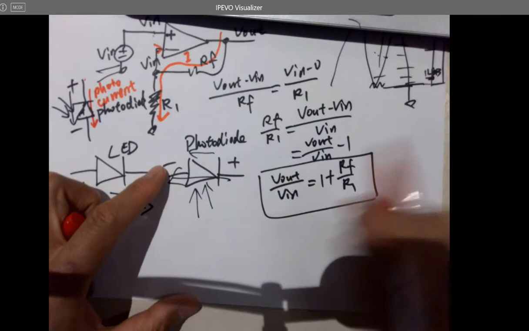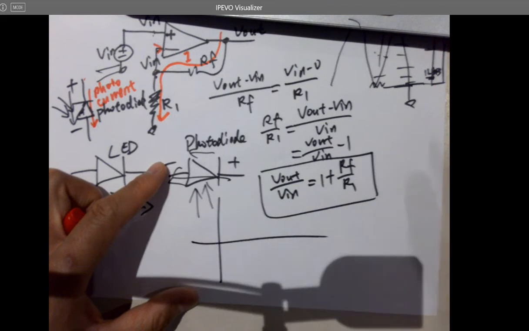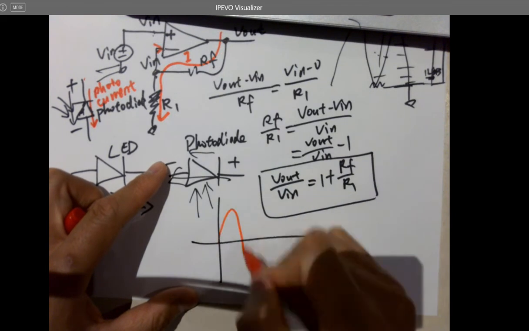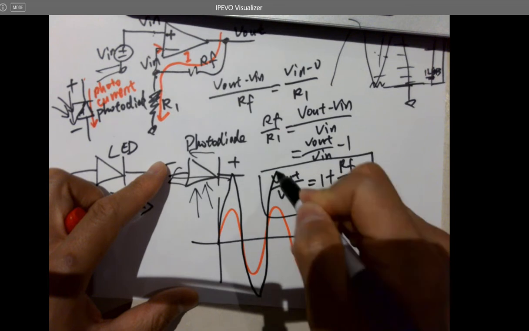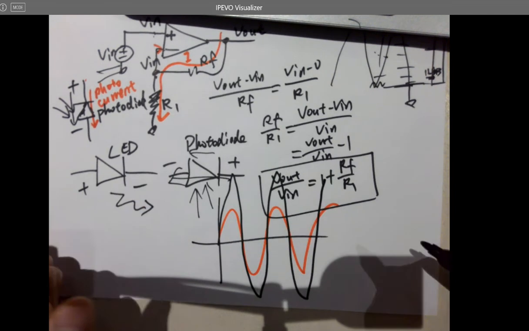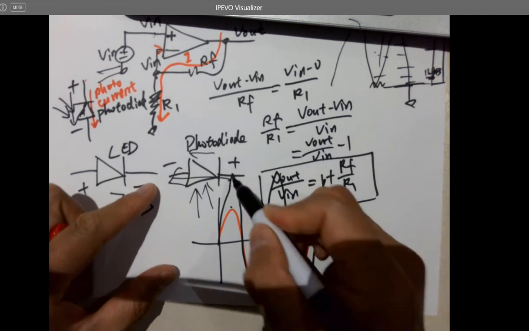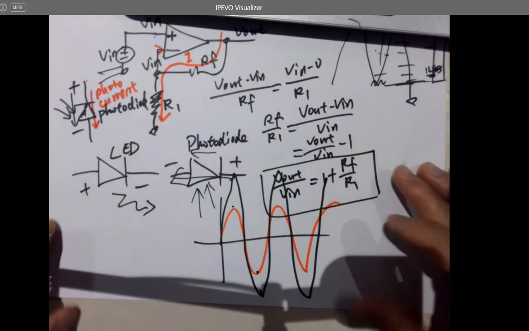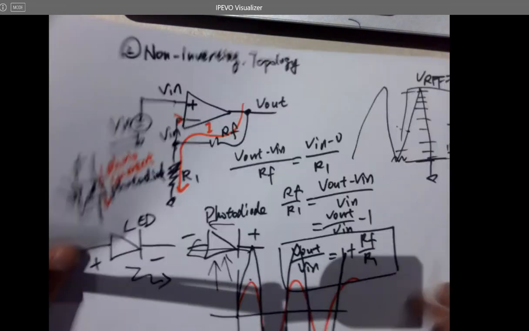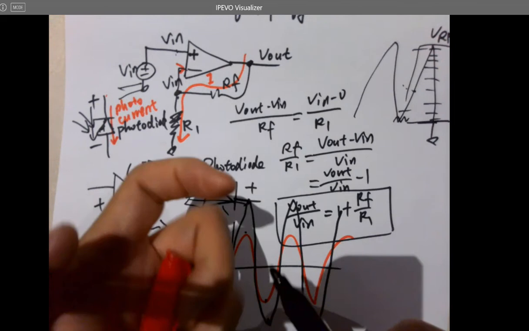If the input and output are right in phase, they are just being amplified, but there's no phase shift. It's input, and that's output. Peak, bottom, peak, bottom, peak. And they are all just drawings on the pictures.